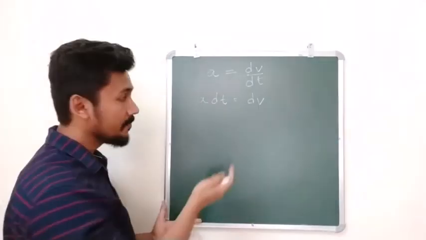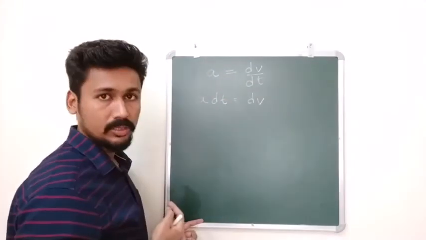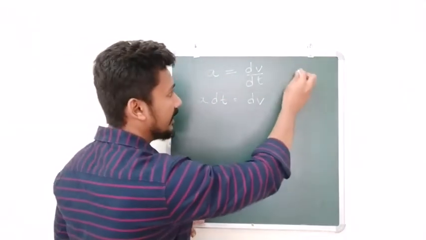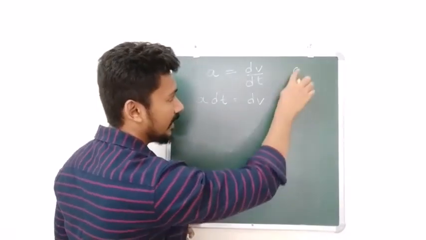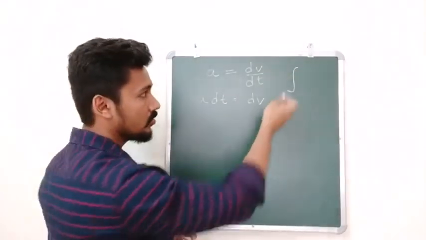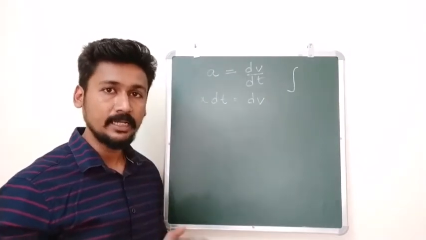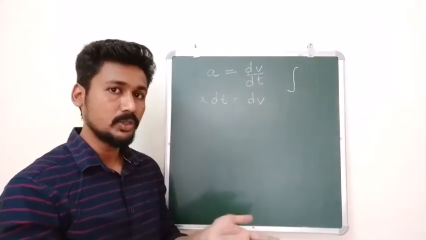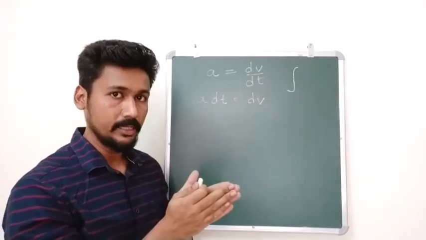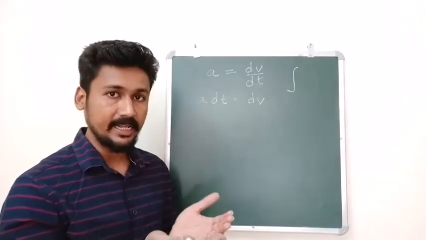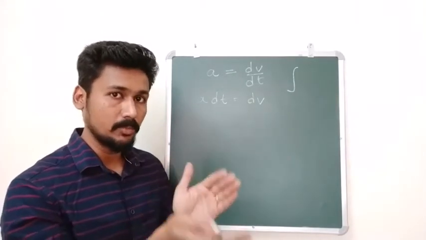Then we will say we want to integrate on both the sides. So when you are saying integrate, this is the symbol we are writing for integration. So when you see the symbol, that means it is integration. And now what is integration? The basic meaning of integration is to combine or add. So when we say we are integrating, basically we are combining all the small quantities.